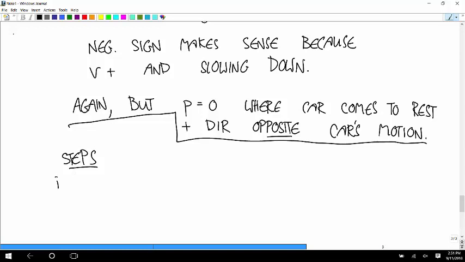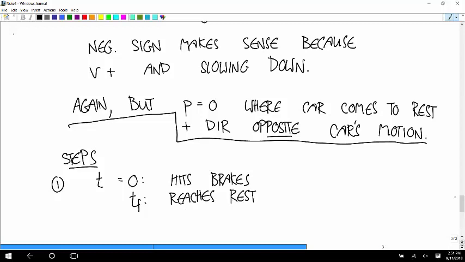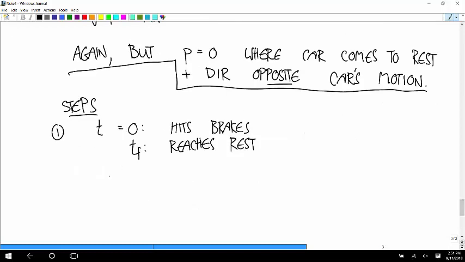So okay, the steps. First step, that's already decided. So time equals 0 is when the car hits the brakes. Time final is when the car reaches rest. Position equals 0.